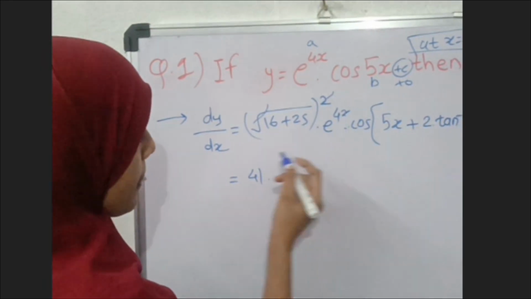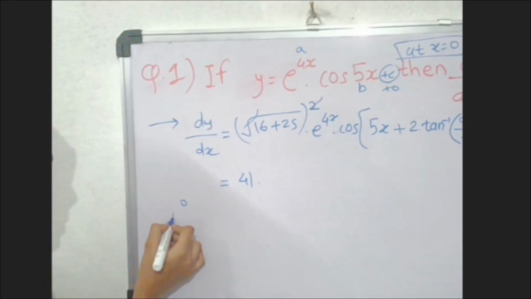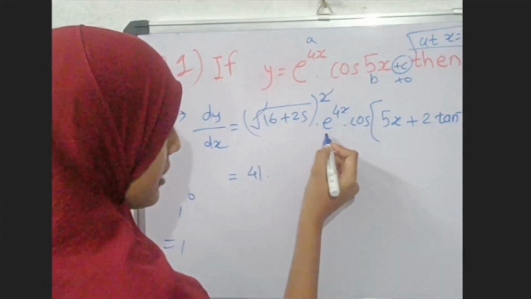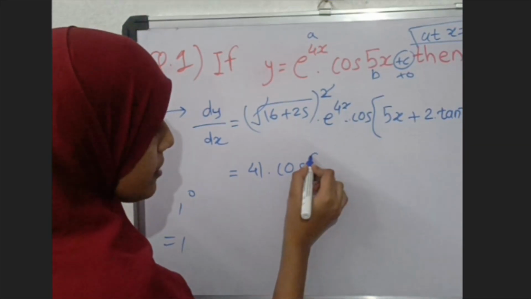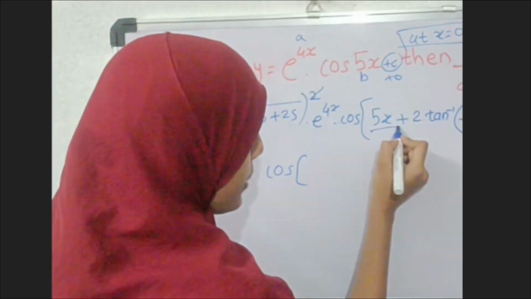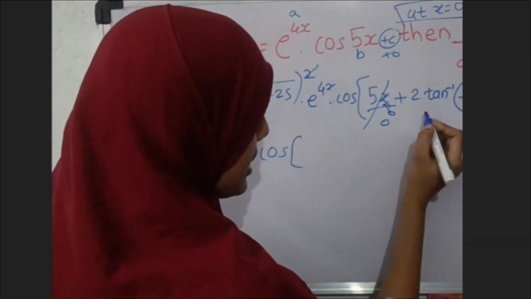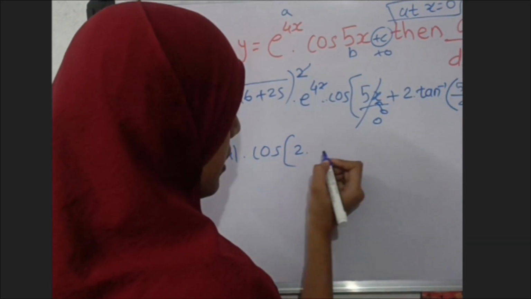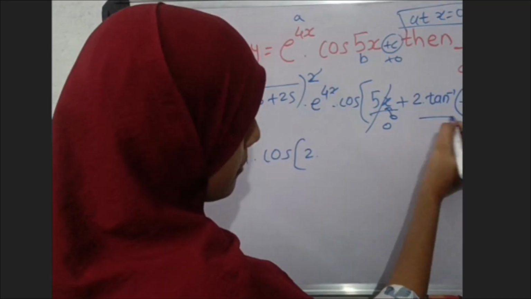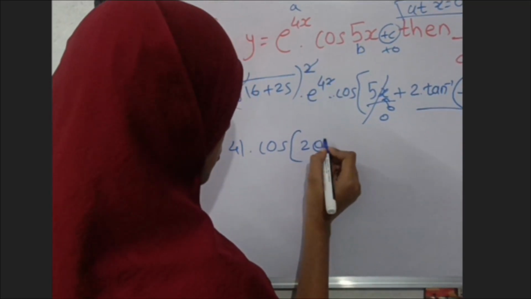As we know, anything which is raised to 0 is 1. So it will be 1, so we will not write it. So we have remained with cos 5x. Here x is 0, so 5 into 0 will be 0, so we will not calculate it. So 2 into tan inverse 5 upon 4, we will take it as theta. So it will become 2 theta.